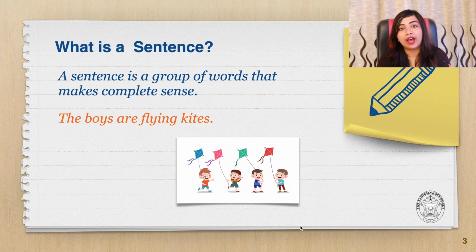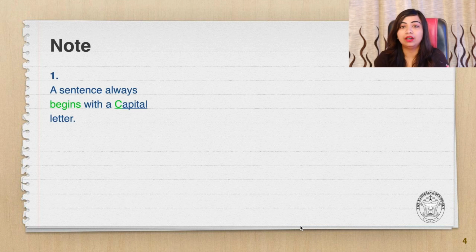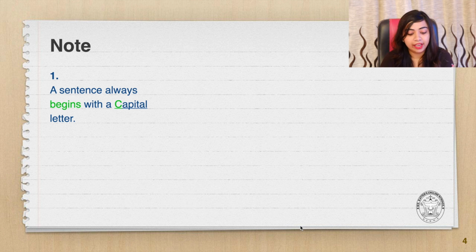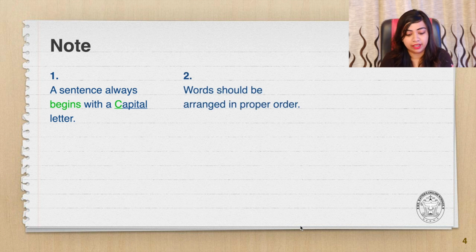Okay, so you have to remember three important points while writing a sentence. First is, a sentence has to be written with a capital letter, or we can say that it always begins with a capital letter. Next is, if a sentence has to make complete sense, the words must be placed in proper order.